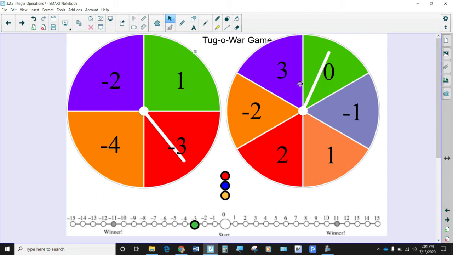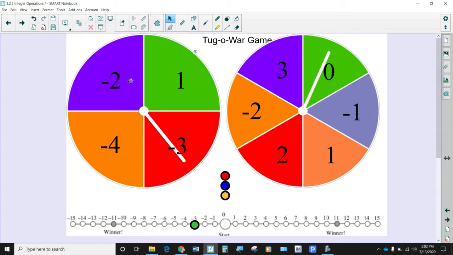If I were to choose to do a subtraction, I could take 0 minus -3, and doing keep-change-flip, that becomes 0 plus 3, which would give me +3, which would move me over here. So I would have the option of doing any of those, and I'm just going to choose to go in the easiest direction. -3 plus 0 is -3, and we'll call it good.